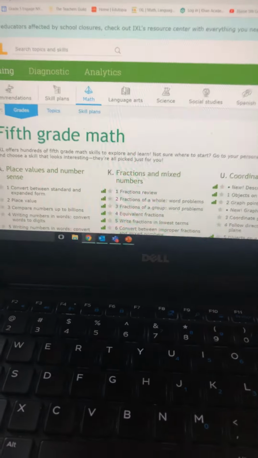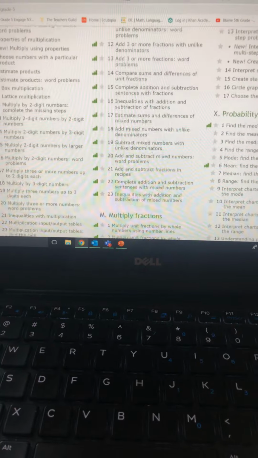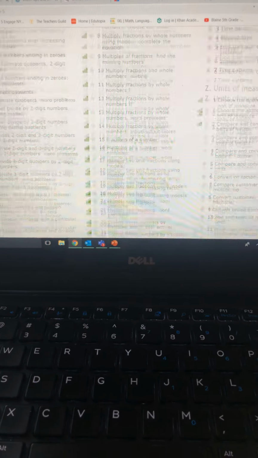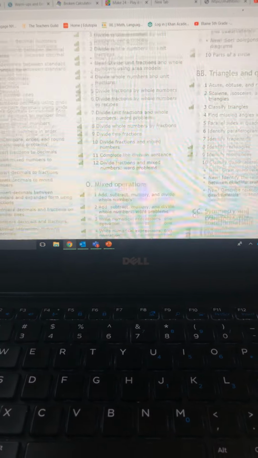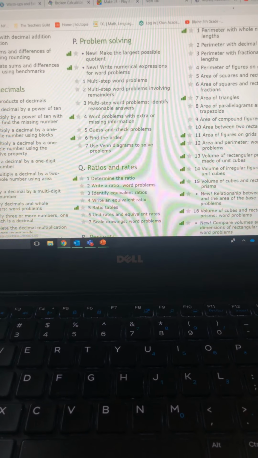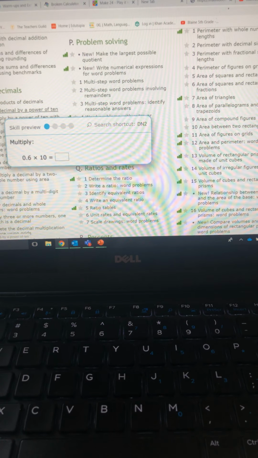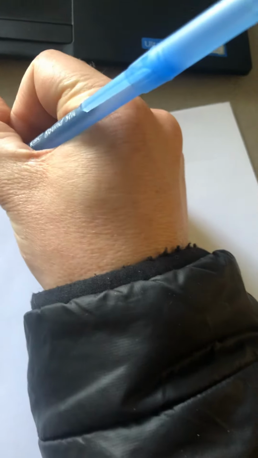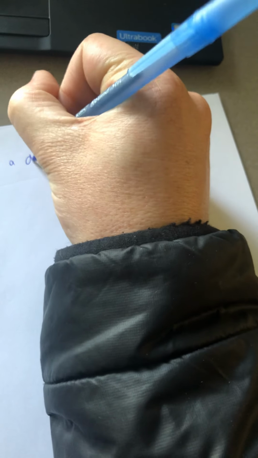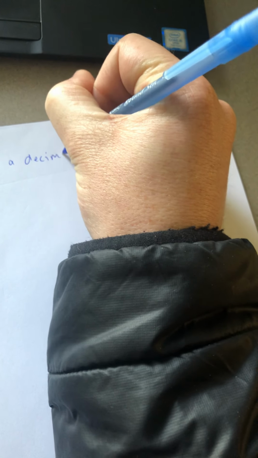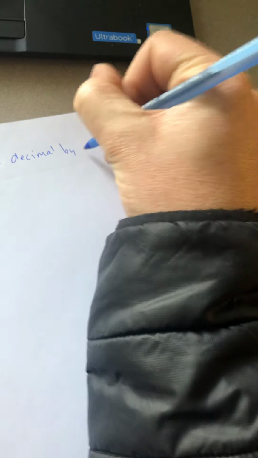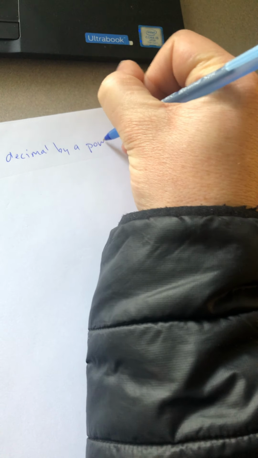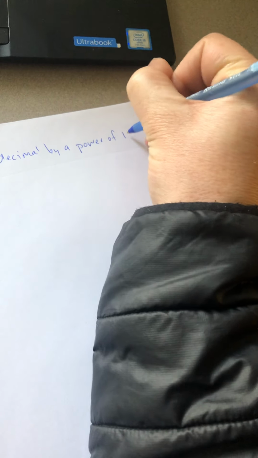So the next part is pulling it up here. We're going to go to multiply a decimal by a power of 10.